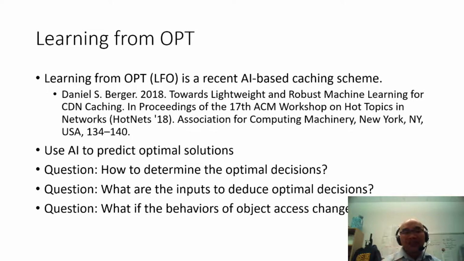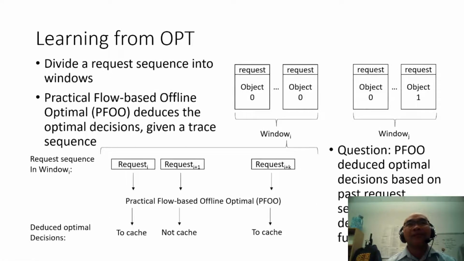For AI, we also need to give it some input so that the machine may make that decision. So, what are the inputs? The third question is, what if the behavior of the object changes?